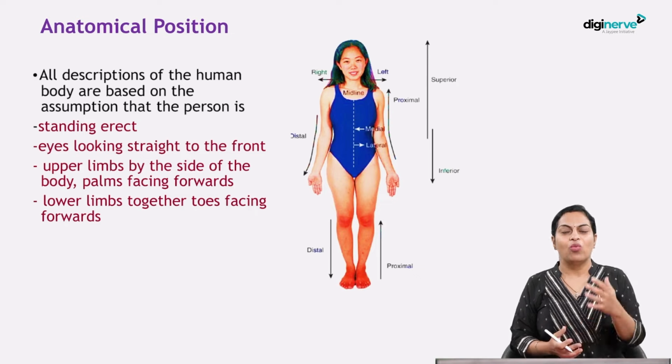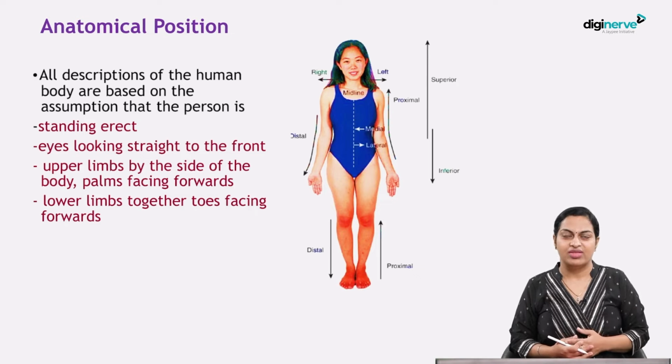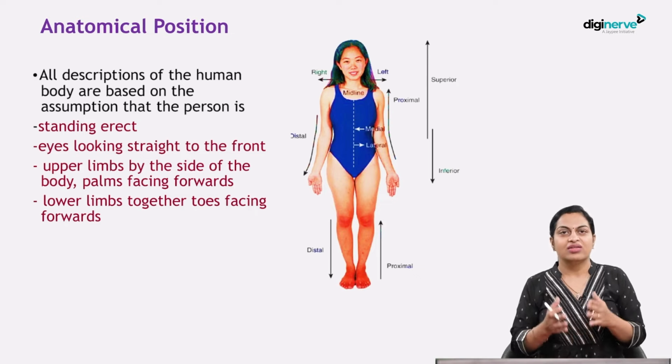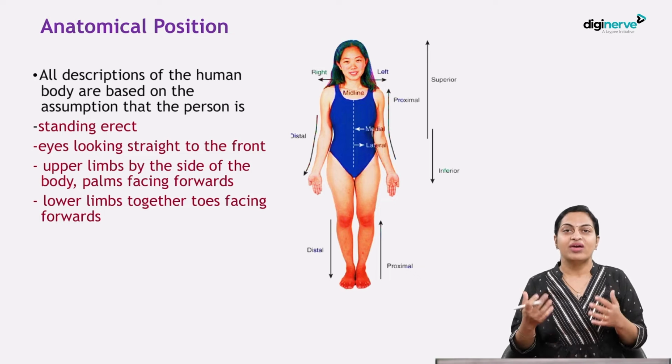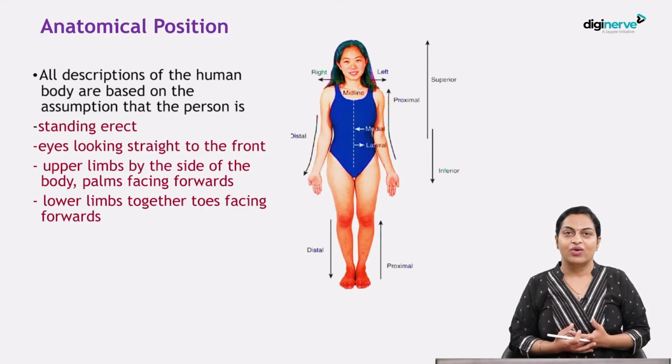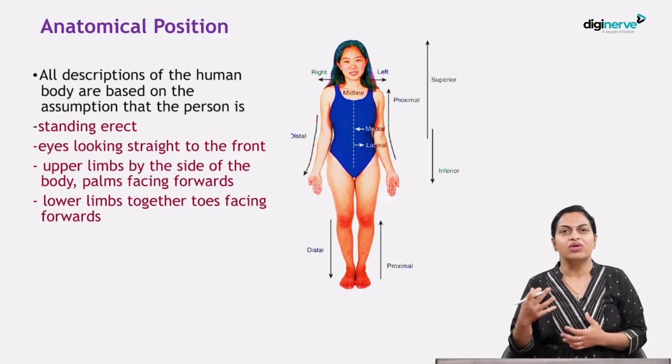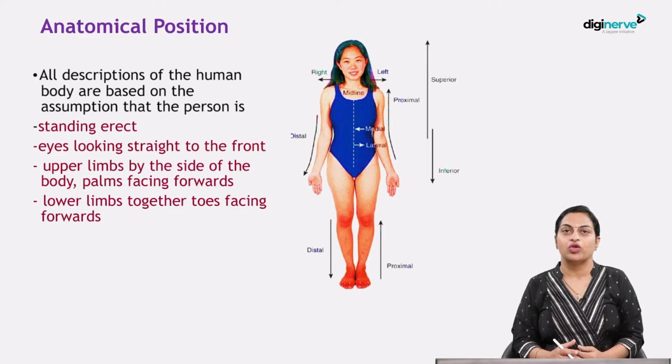So what is the anatomical position? When I say the inferior vena cava, we saw a picture of it, right? It lies to the right of the abdominal aorta. Or when I say the adrenal glands are situated over the top of the kidneys. Everything I describe, I refer to in terms of the anatomical position.